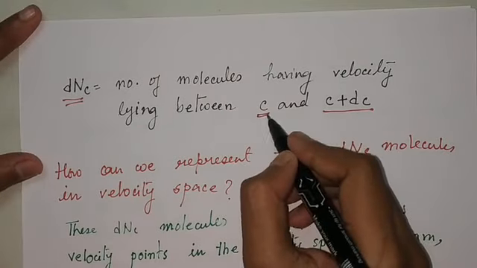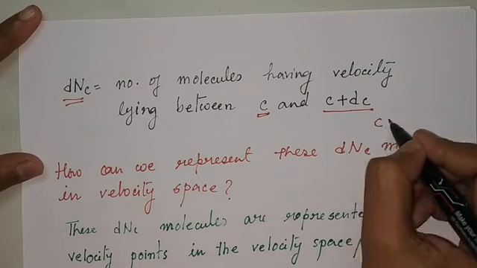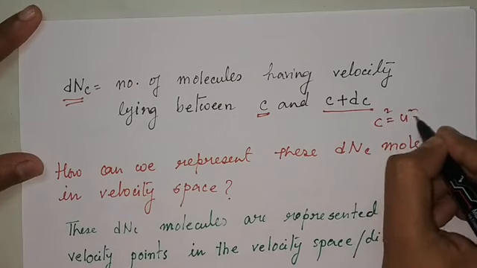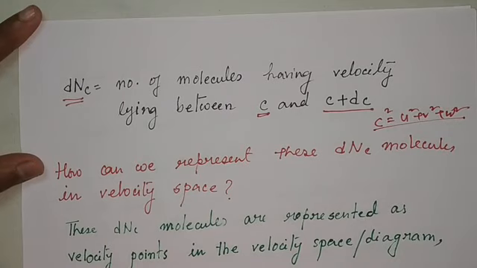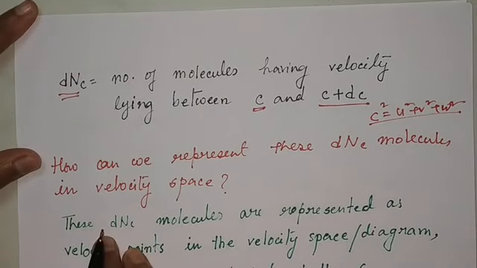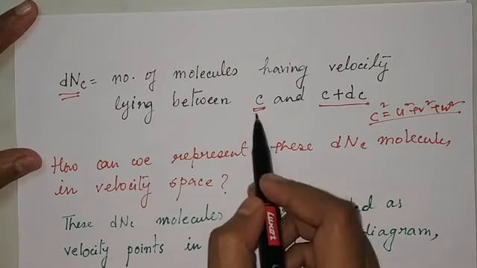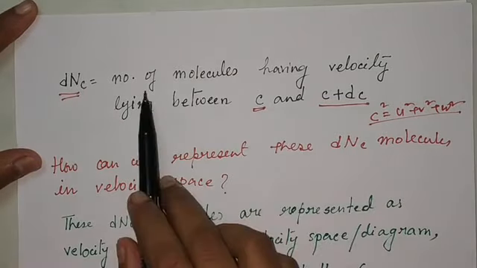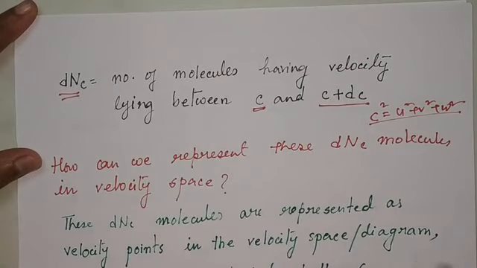Now this c is their actual velocity, okay. Like if you remember, c square was u square plus v square plus w square, like that, okay, actual velocity. So now suppose there are dnc number of molecules, c is subscript for this velocity c, which have their actual velocity lying between c and c plus dc.